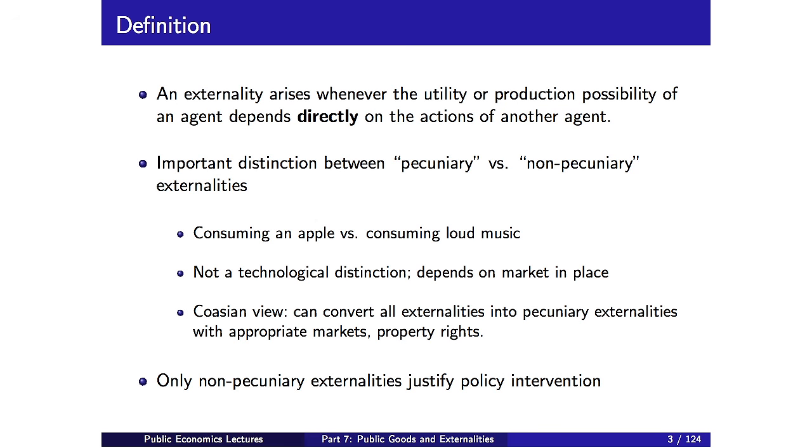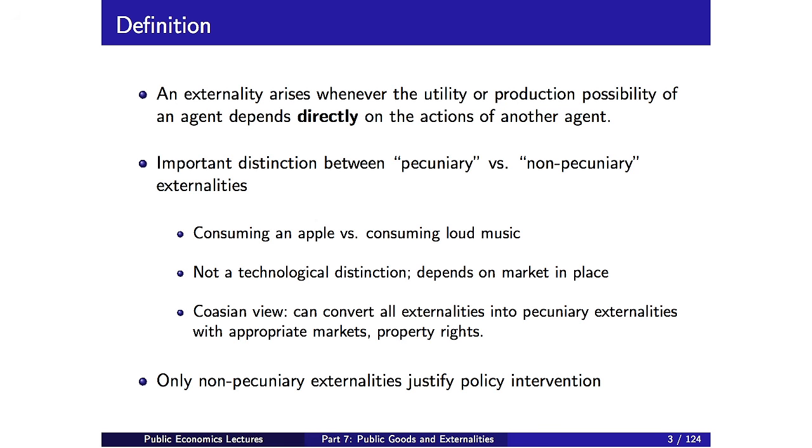What it really is about, and this is where I think Ronald Coase had a profound impact on economics, is what markets exist. You can convert all externalities into pecuniary externalities if you had the appropriate markets and appropriate property rights. There's nothing special about pollution or music or noise that's fundamentally different.